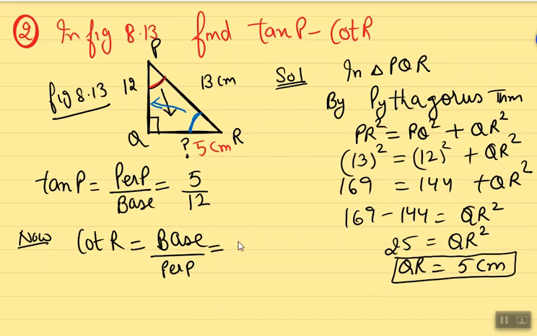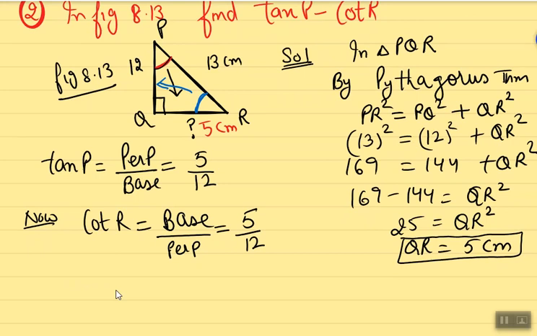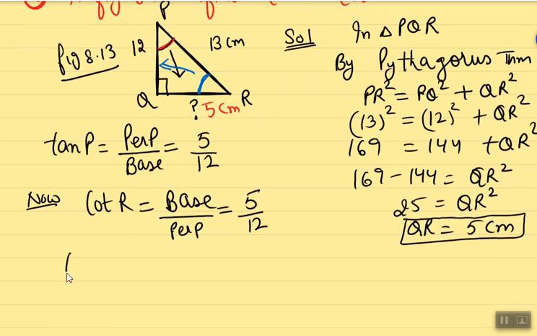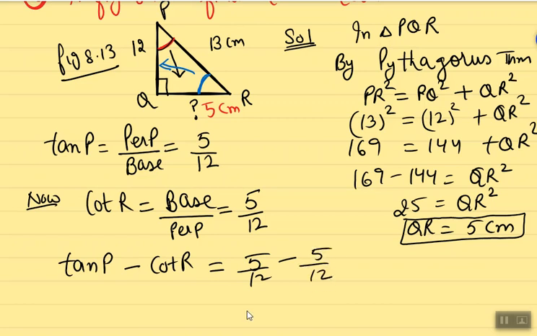Now base in this case is 5 and perpendicular is 12. According to the question, we have to find tan P minus cot R. Tan P is 5 by 12. Cot R is also 5 by 12. Answer is 0. It means we got 0 answer in question number second.